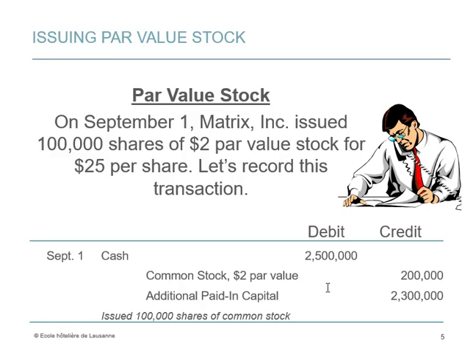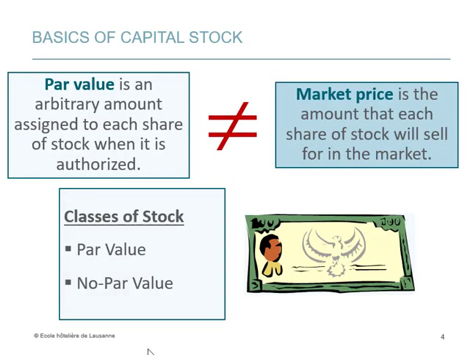We take the total number of shares issued times $2, the par value. And then additional paid-in capital is the difference between the first number, cash, and the common stock. Here is the golden rule, how we record this type of transaction.